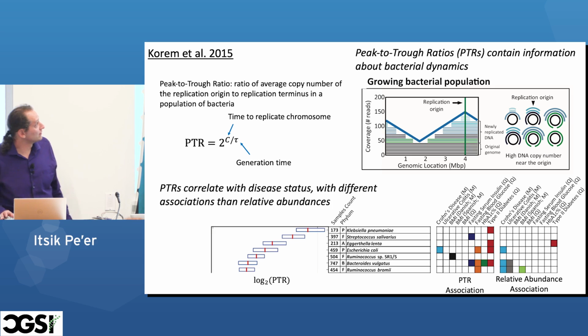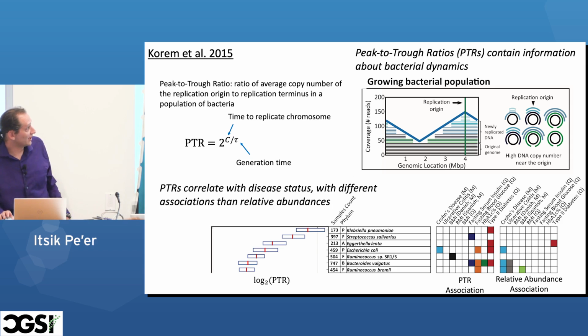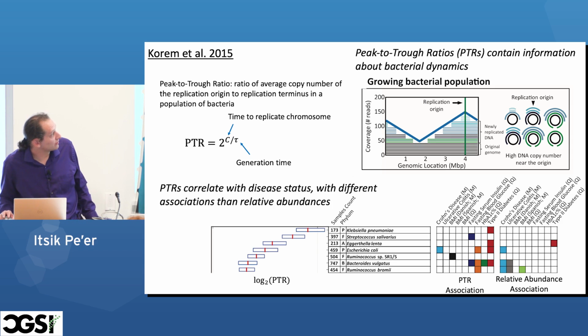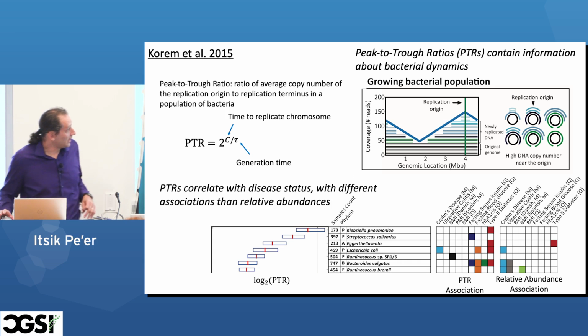And this leans on a theory that dates 50 years back that ties the replication timing and the generation timing to what we project this peak to trough ratio between amounts of DNA should be.